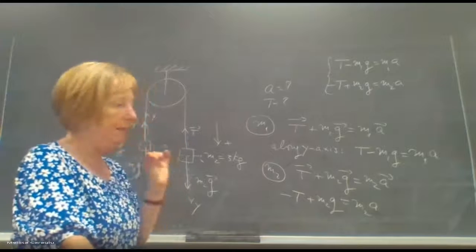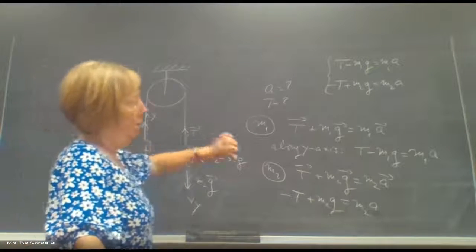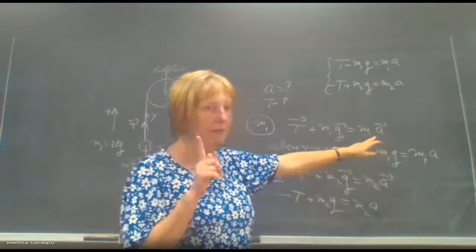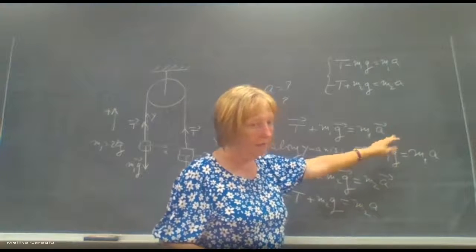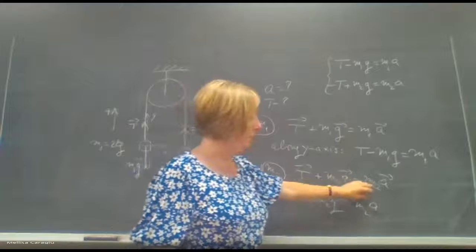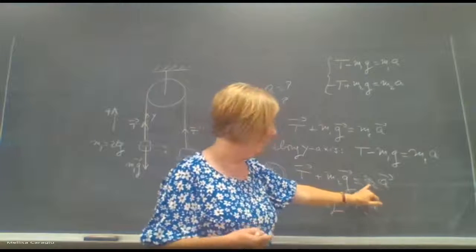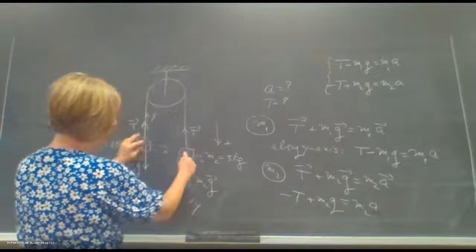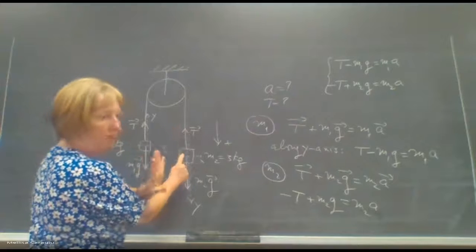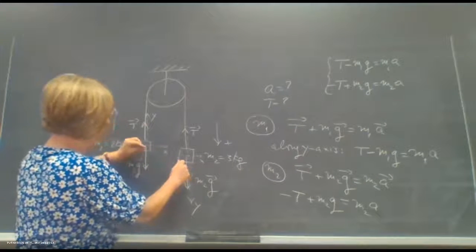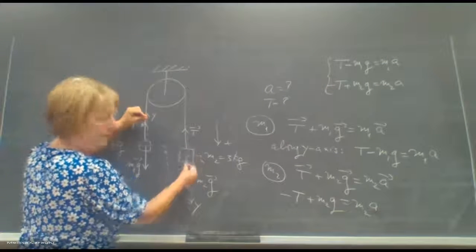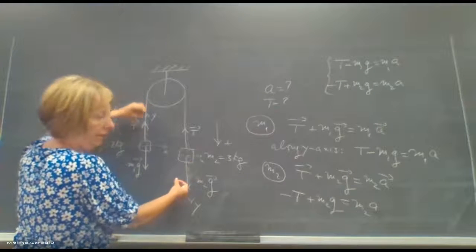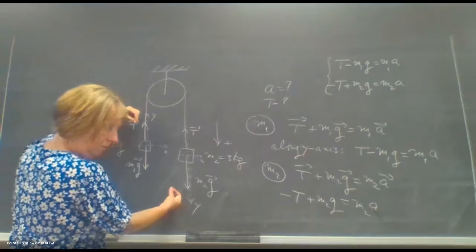So let me stop by saying, see how when I wrote sum of all forces equals M1A, I did not say M1A1. And when I wrote sum of all forces equals M2A, I did not say M2A2. Why? Because the two objects are connected by a string which cannot stretch. Therefore, whatever acceleration this has up, the same acceleration the other one has down. It's not a different acceleration, an A1 and an A2.